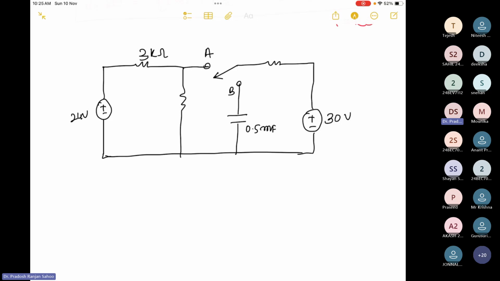This is 24 volt, 3 kilo ohm, this is 5 kilo ohm, this is 4 kilo ohm. So the circuit will be given and there is a switch like this.